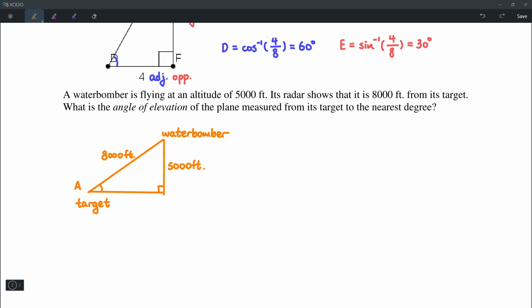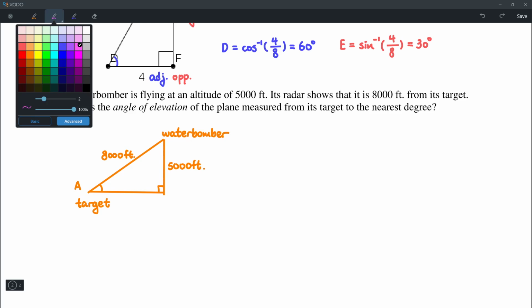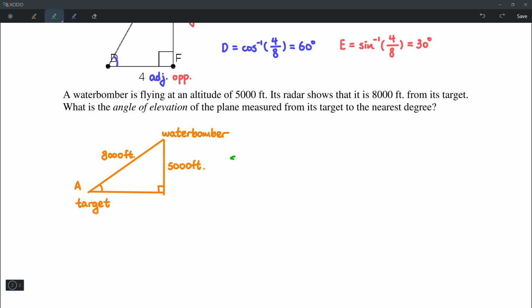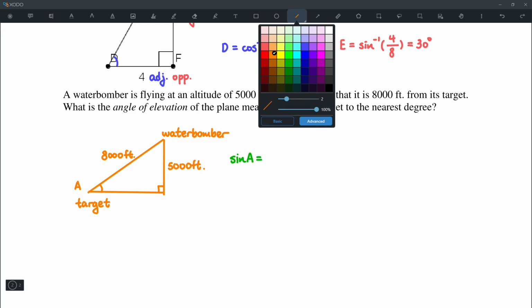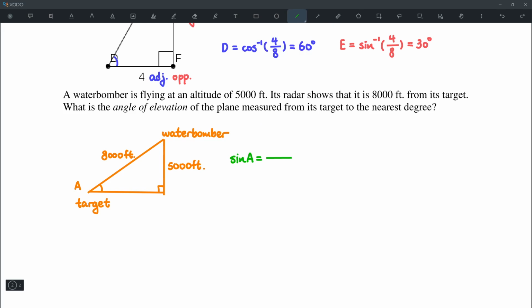So we can see that this is an example of using the sine ratio. Since sine A is going to be equal to opposite, which is 5,000, divided by the hypotenuse, which is 8,000. So again, opposite over hypotenuse. Then we can substitute in the two sides that we know.